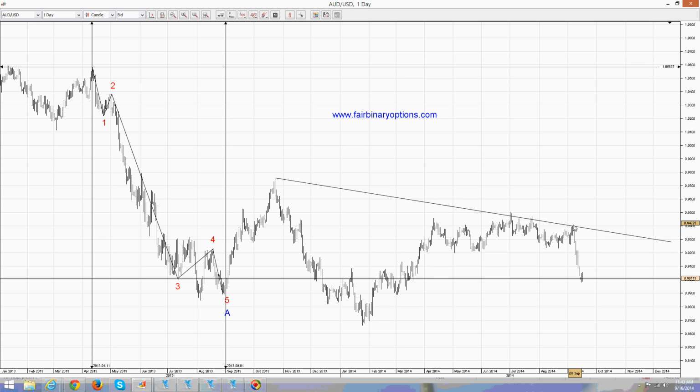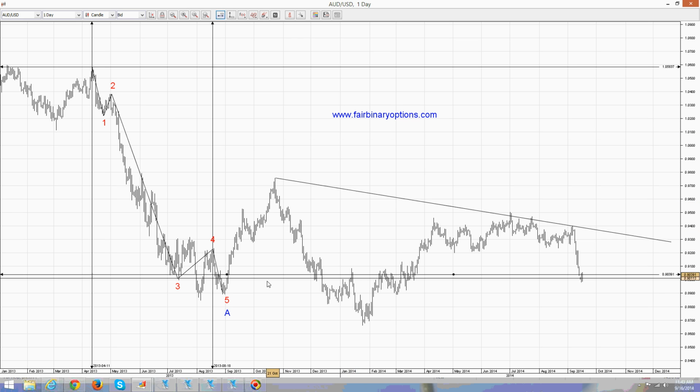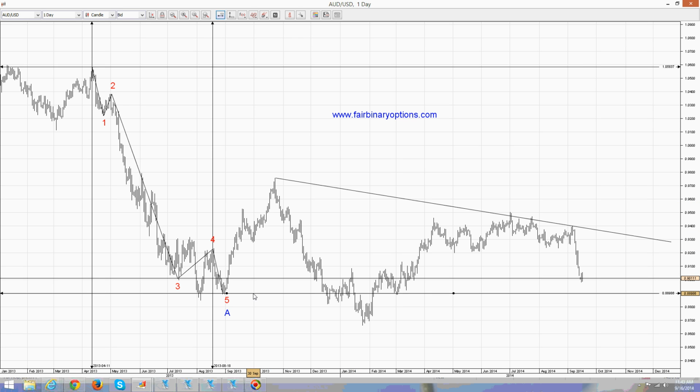I would say that the move here is the end of the C wave of a triangle, and the B wave of this degree is not completed. What we do know is that in order for this one to be a zigzag, and for this triangle to resume, it needs to end above 88.95.